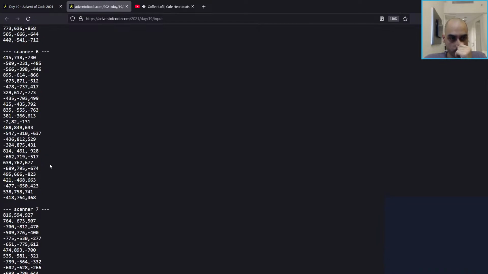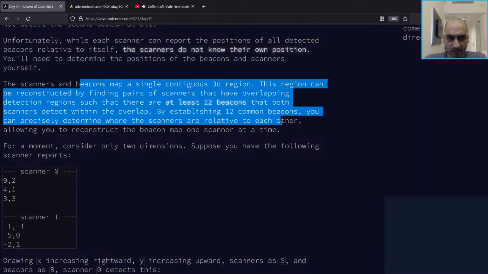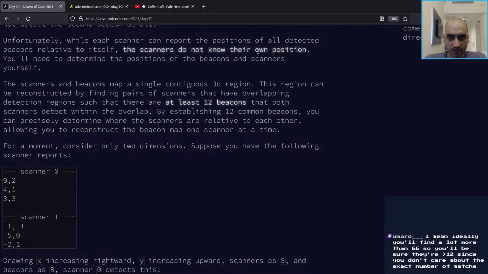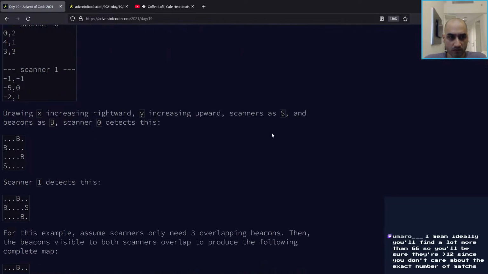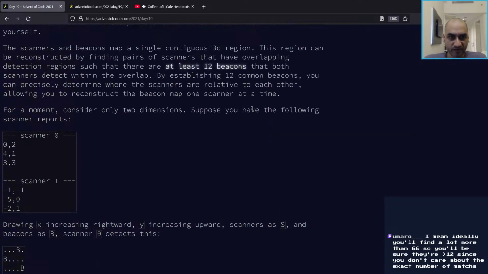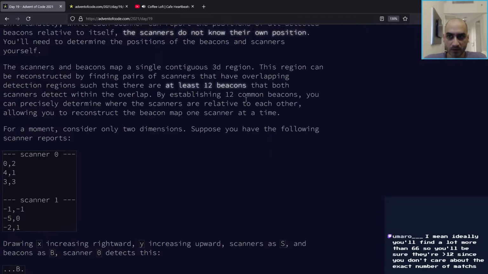No two are the same. That would technically meet the specifications here, I would think. I don't see anything that prevents that from being the case. Ideally, you'll find a lot more than 66, so you'll be sure that more than 12, since you don't care about the exact number of matches.